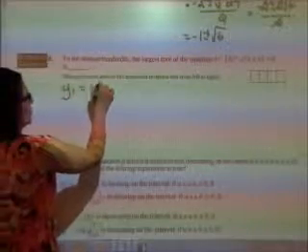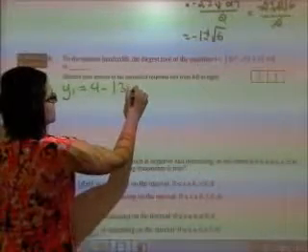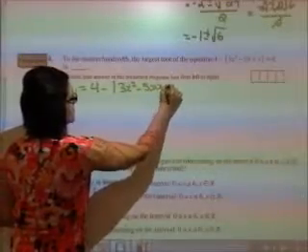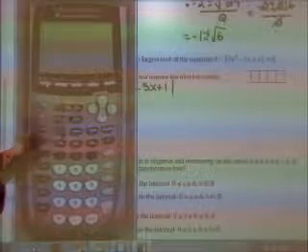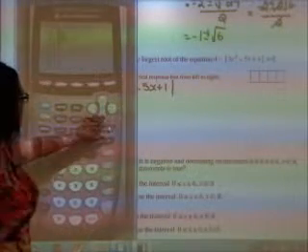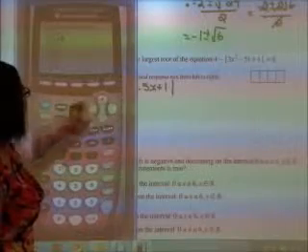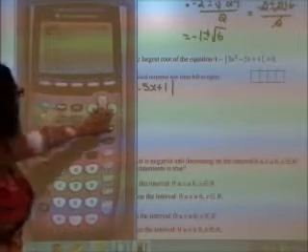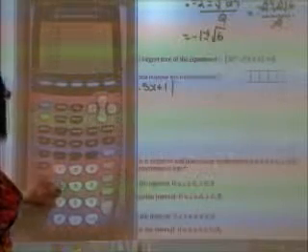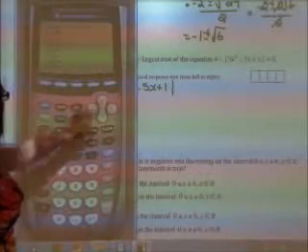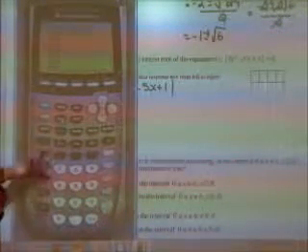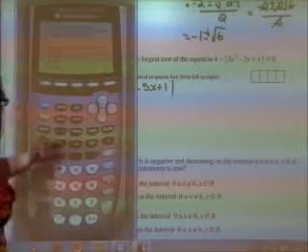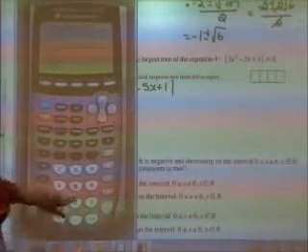So if I let y1 be equal to this statement, math, number, absolute, oh I forgot 4. 4 minus math, absolute, 3x squared minus 5x plus 1.